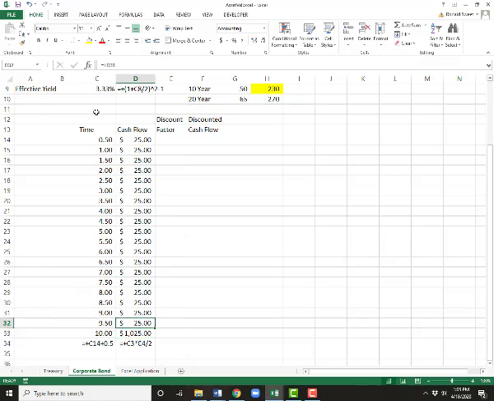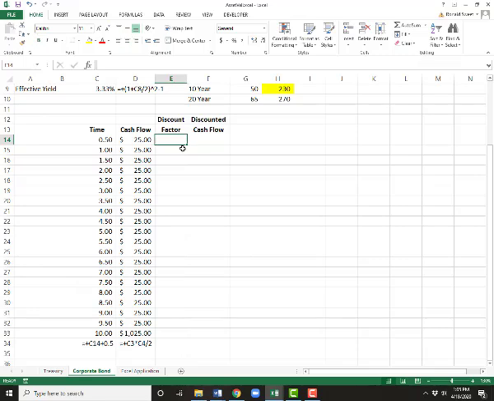All right, so then we need to do the discount factor. To do the discount factor, we take 1 divided by 1 plus the effective yield. Make sure you do the effective yield. Close parentheses, raise to the time. Make sure on the effective yield that you lock it in with dollar signs.